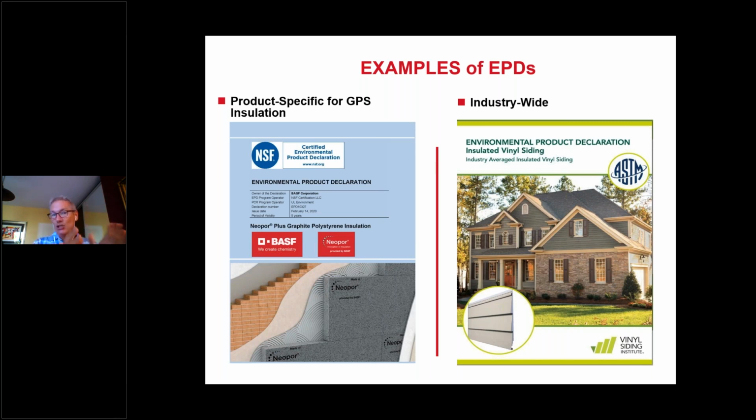So let's say you get an industry-wide EPD for insulating foams, and then you can compare a company-specific one, and then you can say, gosh, am I better than the average? Am I worse? I want this company that does better than the average. And so that helps you compare and contrast and specify products to meet your goals.